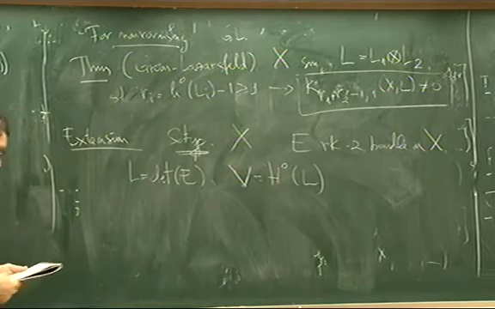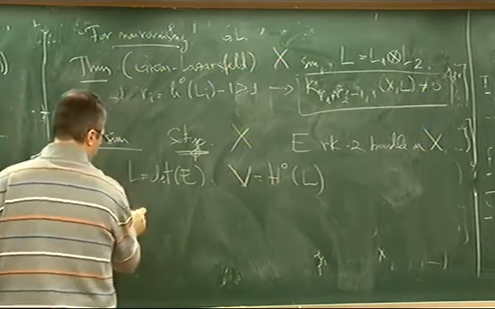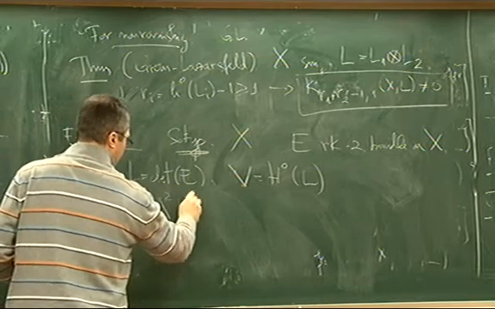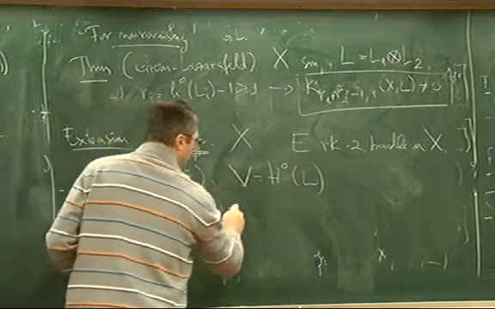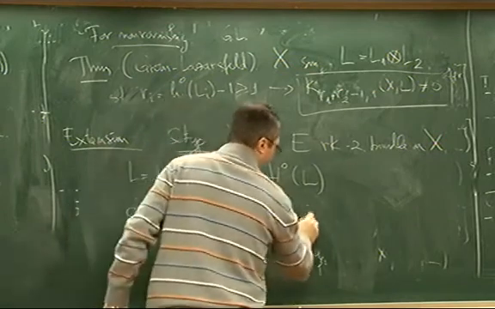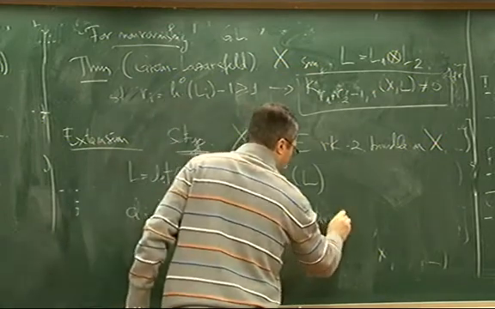Now we have a determinant map which goes from wedge 2 of H0 of E to H0 of L, which we denoted by V. That's the determinant map.